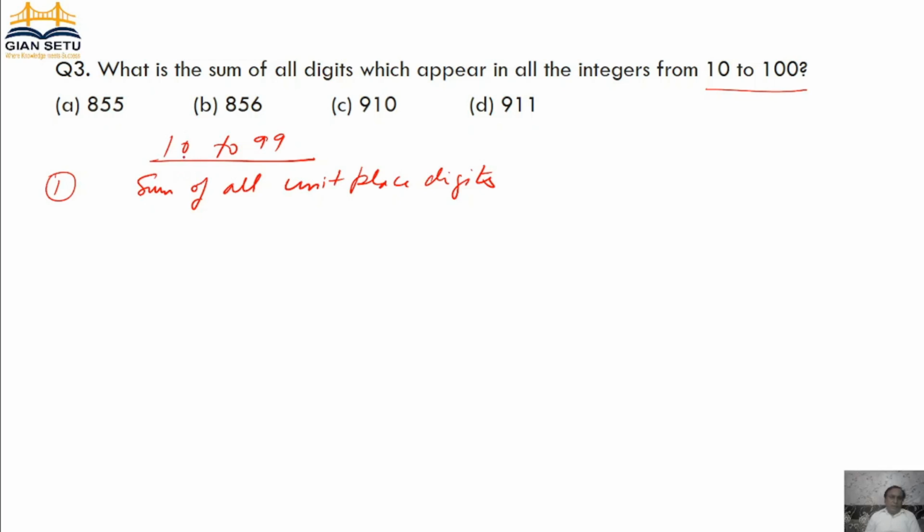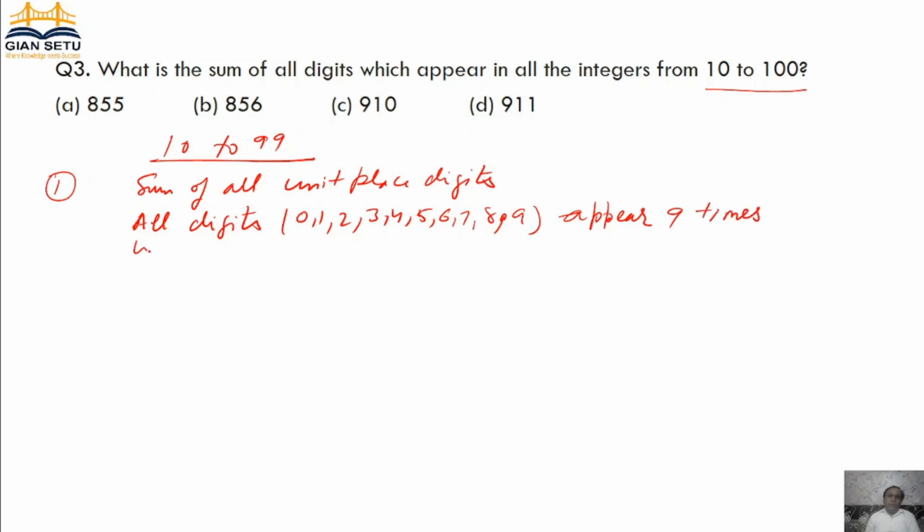Now all digits, that is 0 1 2 3 4 5 6 7 8 and 9, appear 9 times when we count from 10 to 99, right?